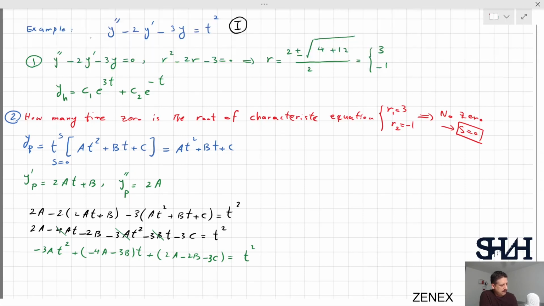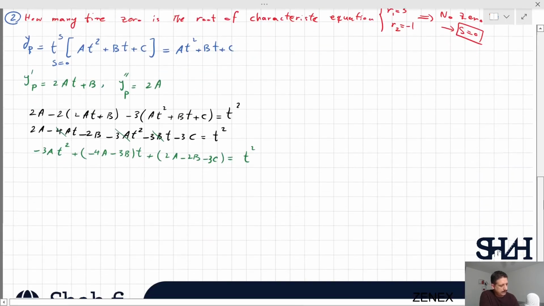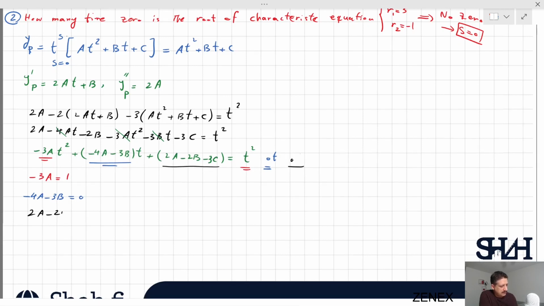Now, minus 3a should be 1. Minus 4a minus 3b should be 0, since there is nothing for t on the right side. And 2a minus 2b minus 3c should be 0.